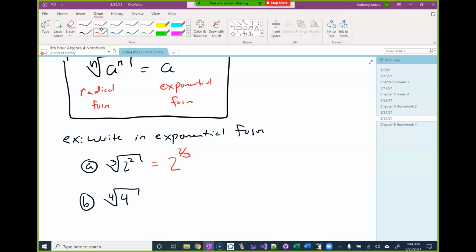So I would start by just doing a prime factorization: 2 squared. Everybody okay there? Now I'll apply our definition. So I have 2 to the 2 over 4. And 2 over 4 reduces to just 1/2.